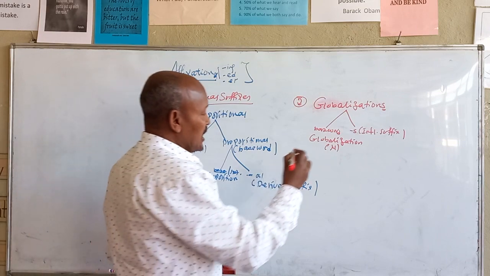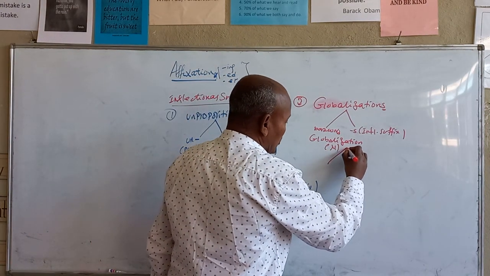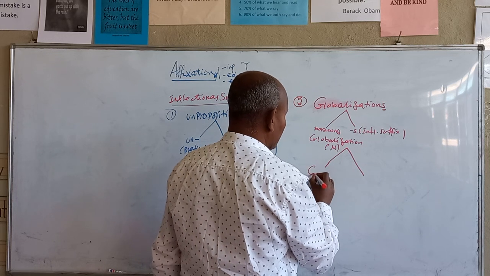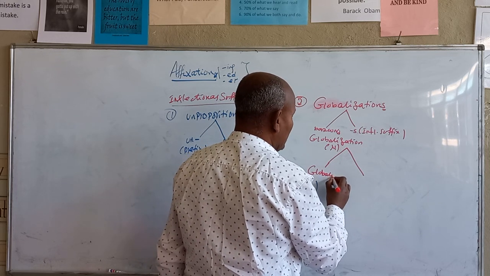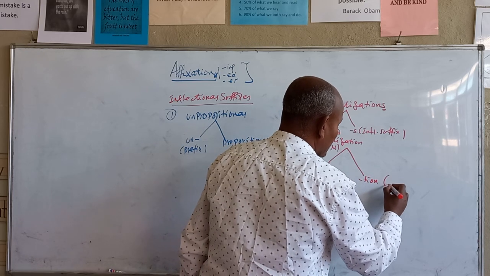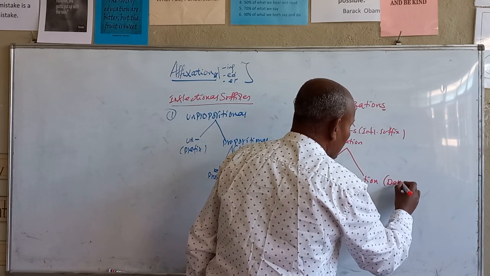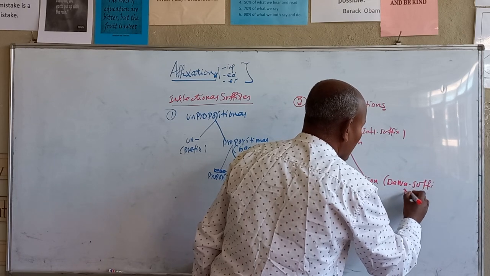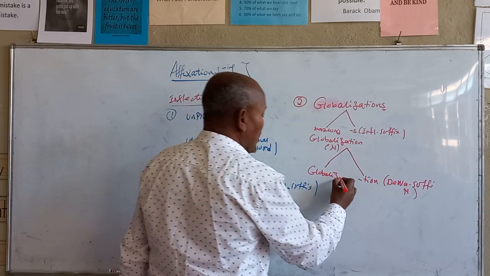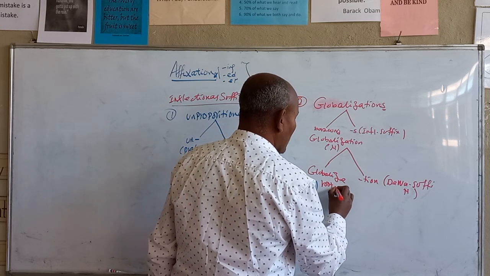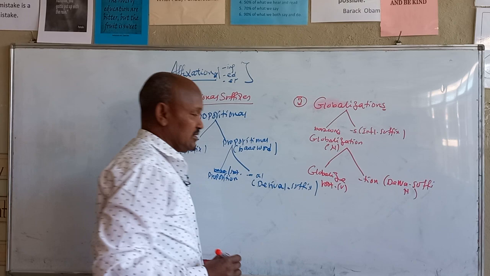All right. The other part here, I can also categorize this globalization, which is globalize. And this one is globalization, which is a derivational suffix, which makes a noun here. And globalize is a root word, which is a verb. Globalize.